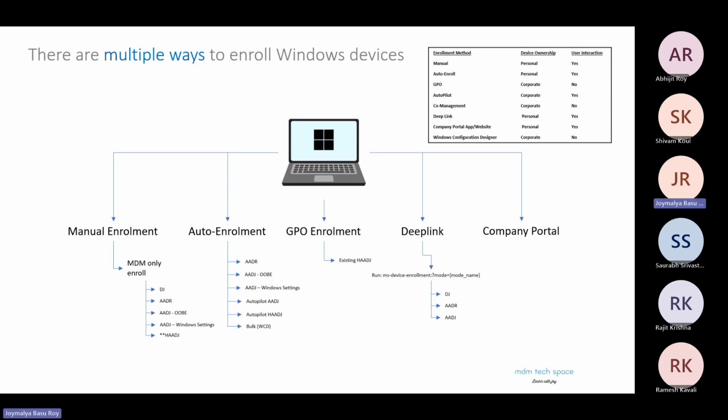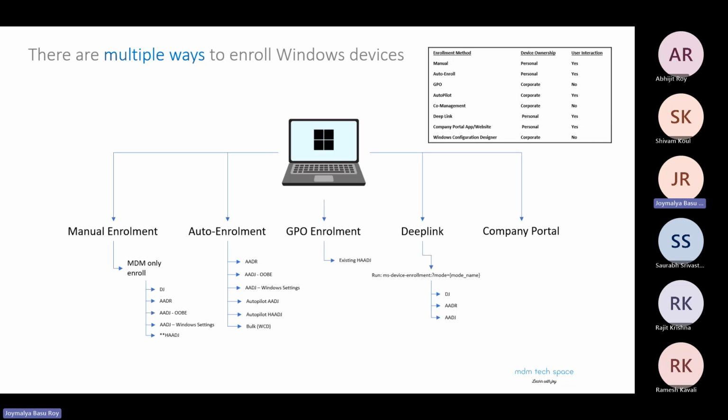And then that table shows you the device ownership type and the user interaction required for each of the enrollment methods we have discussed. If we are doing a manual enrollment, the device ownership will come up as personal and user interaction required equals yes, because obviously the user needs to do the steps.